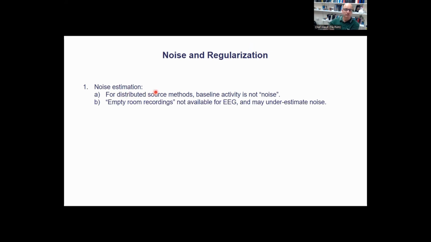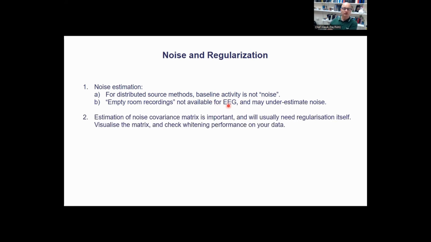So usually, especially if you use EEG, we are using the baseline interval to estimate our noise covariance matrices. And the estimation of noise covariance matrix is important, and it will usually need regularization itself. And for that, it's important that you make sure that you're doing it to begin with, visualize the matrix to make sure it looks all right.